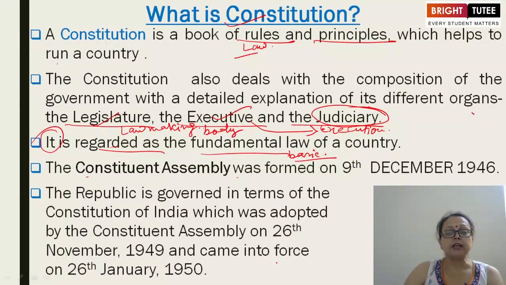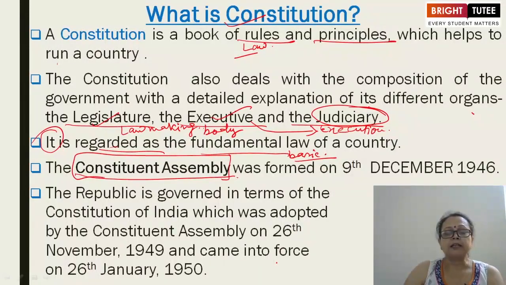Then a question arises: how was this constitution framed? Who was behind it? Who drafted or wrote the constitution? So we are coming to discuss this Constituent Assembly.